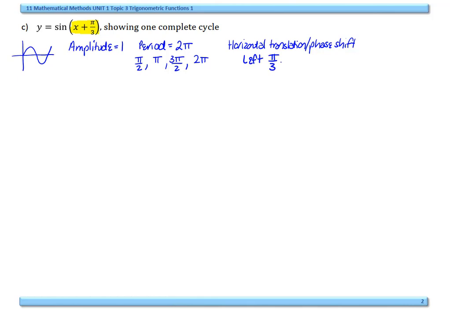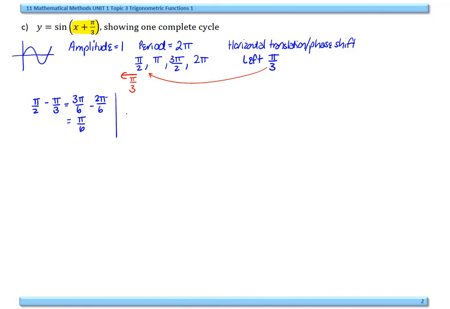So before I would say draw your graph, worry about your horizontal translation last, but you can't here because this pi on 3 doesn't match our scale for our x-axis. So what we need to do is move each of these points that we found to the left pi on 3. So pi on 2 minus pi on 3, common denominator of 6. So it's going to be 3 pi on 6 minus 2 pi on 6, which is pi on 6.